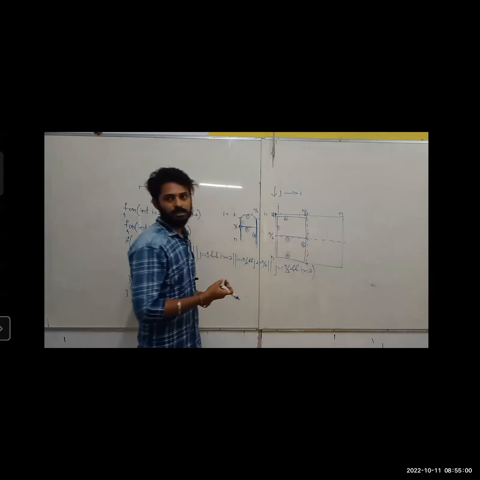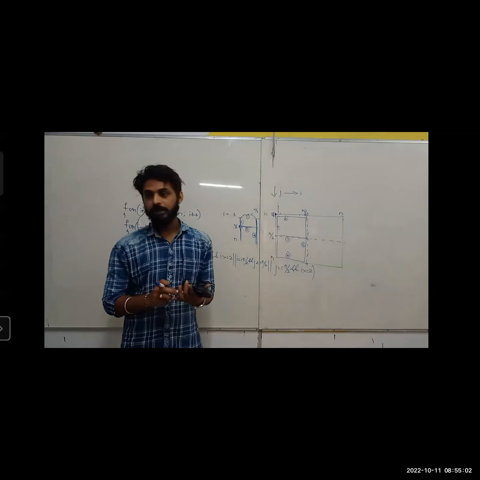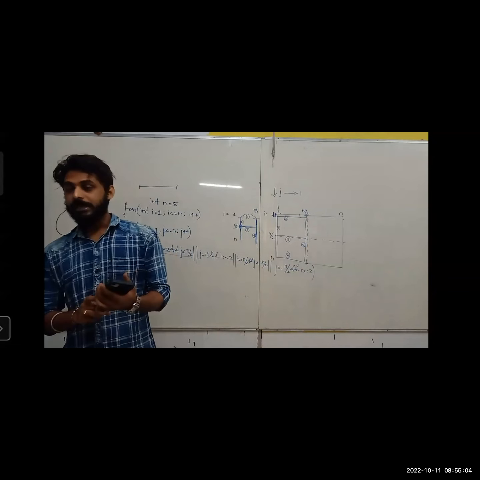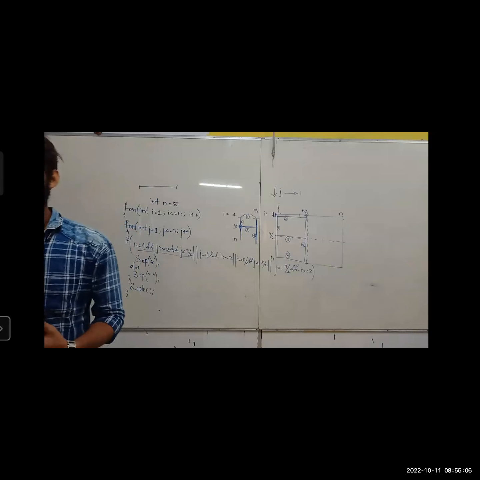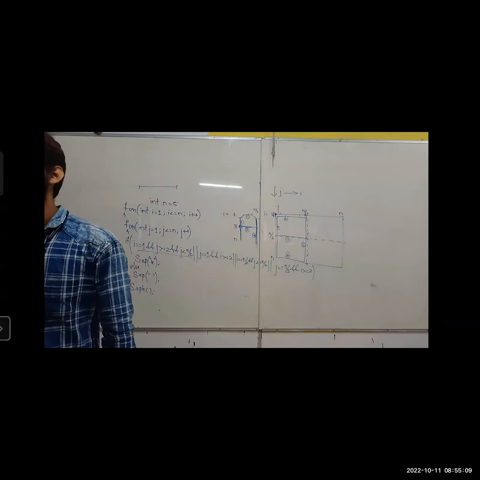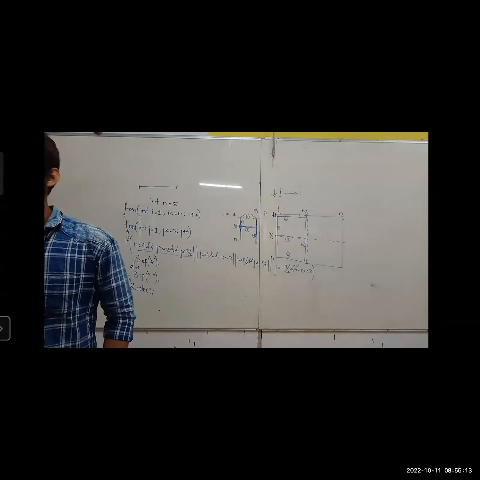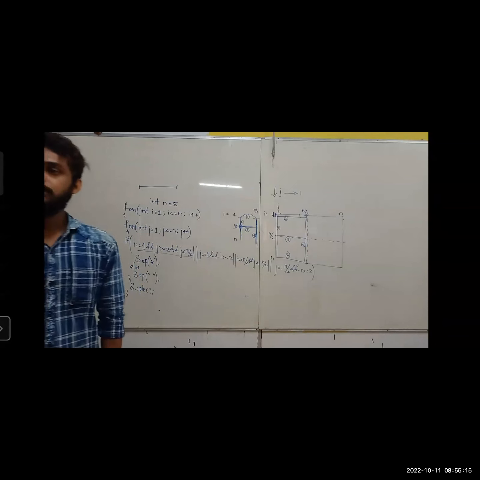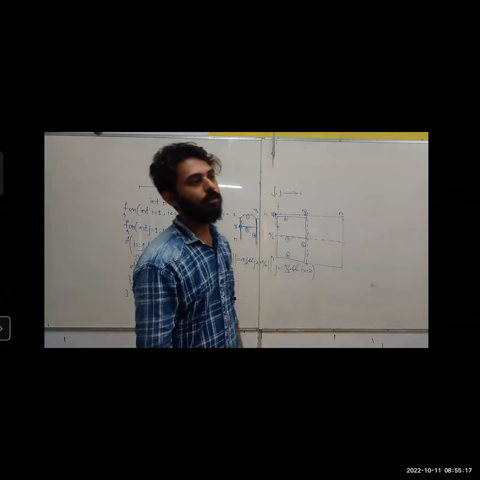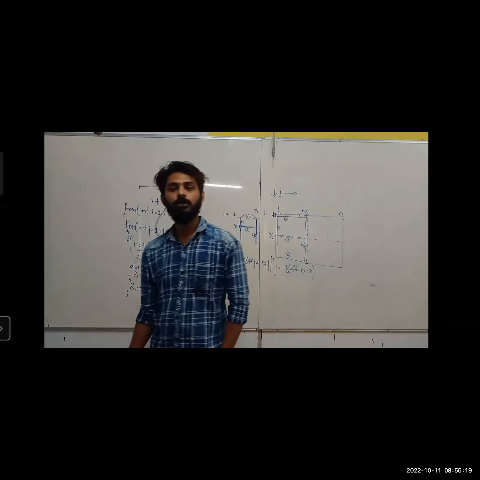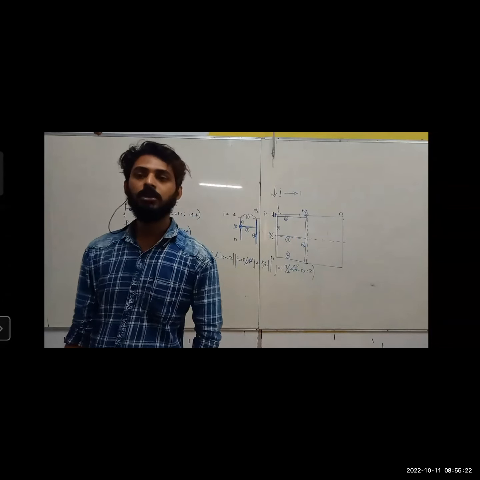Now we imagine, just see the lines. That is, j equal to 1 is the first line, and the second line is i equal to 1, j less than or equal to n by 2. Third line is i equal to n by 2 and j less than or equal to n by 2. Fourth line is i equal to n, j less than or equal to n by 2.